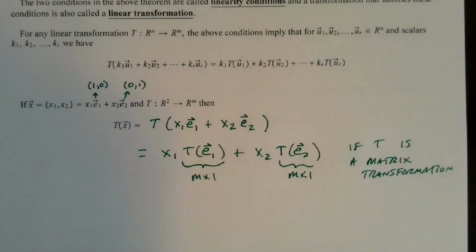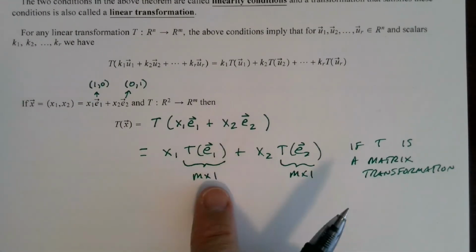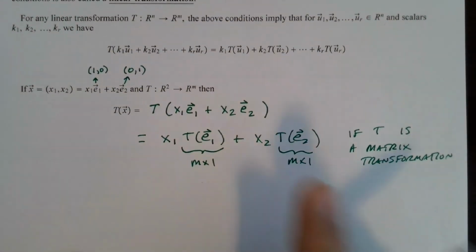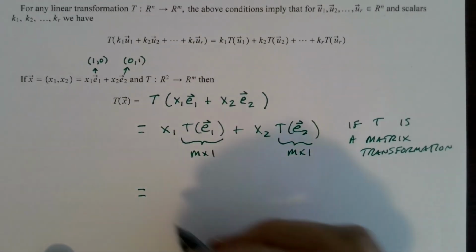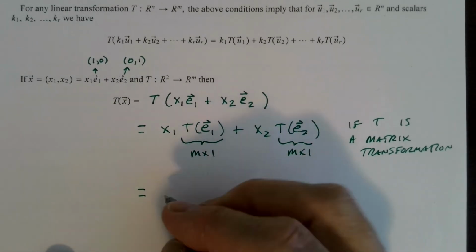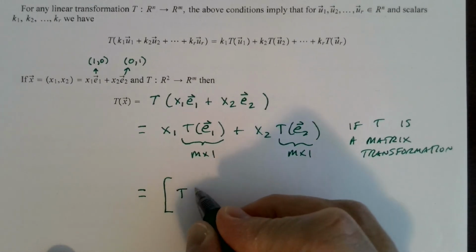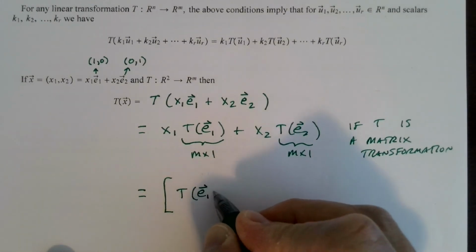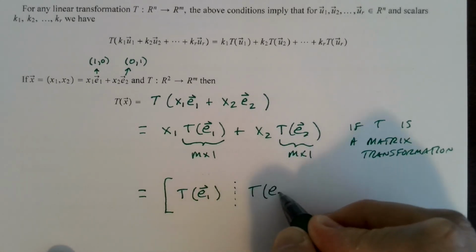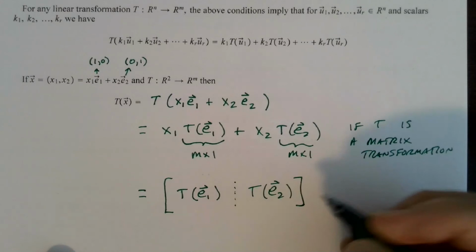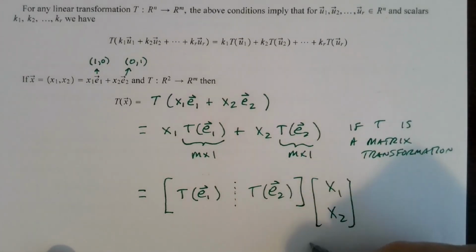Okay. But this is a linear combination of two column vectors. If you remember, I can think of that as a matrix multiplication where these column vectors can form the columns of a matrix. So I'm going to put this column and join on this column together, times our 2 by 1 vector x.